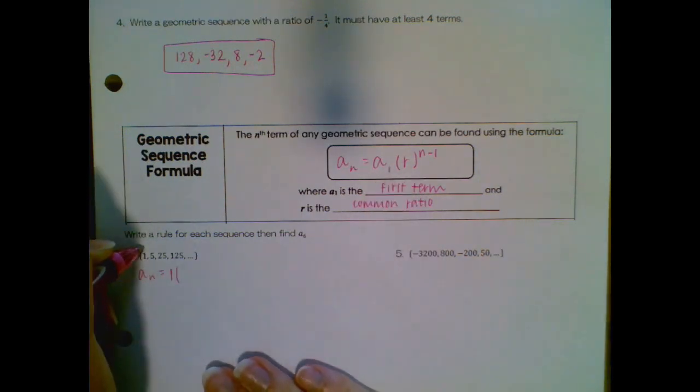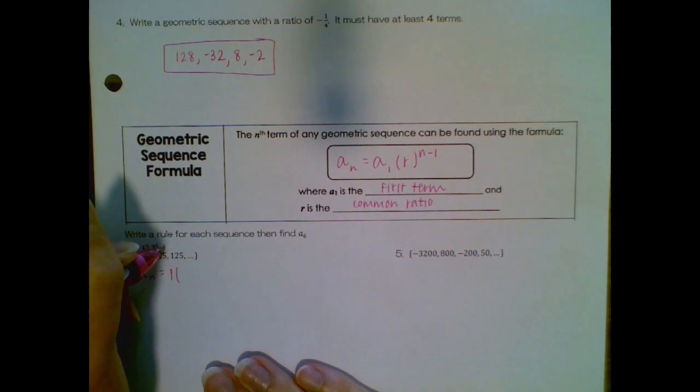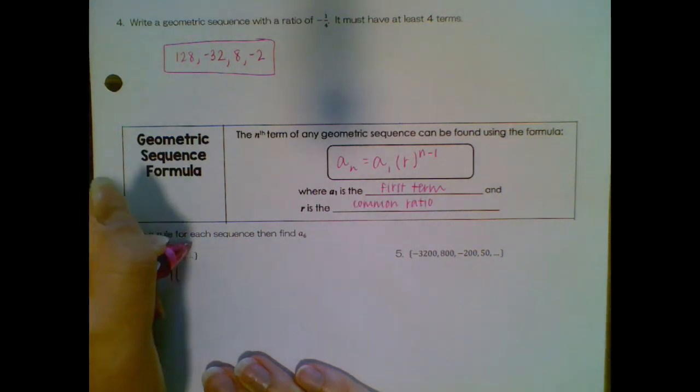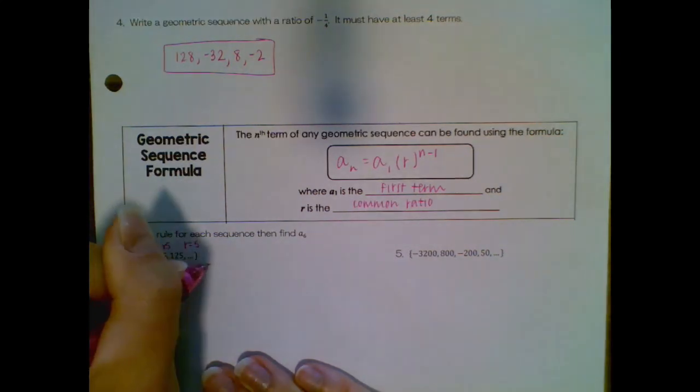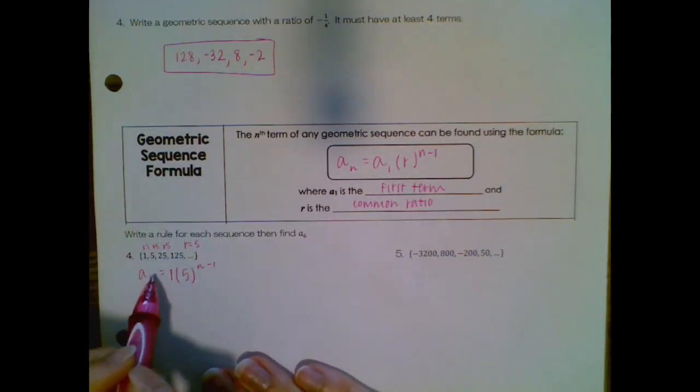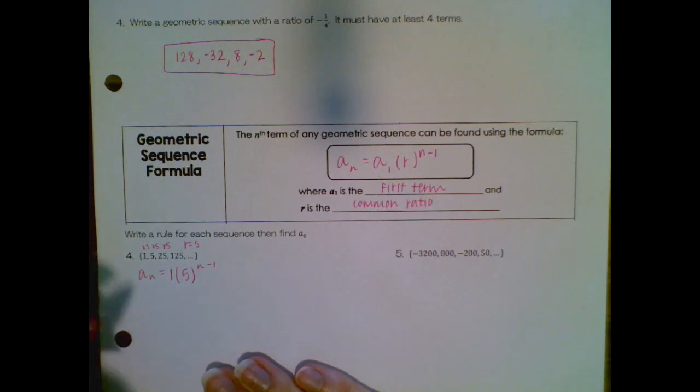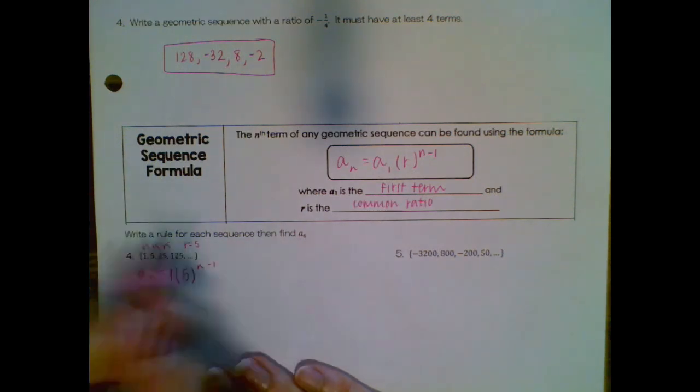Looks like these are all just being multiplied by 5. So r equals 5. So I'm going to plug in a 5 right there. And then it would be n minus 1. So when it says write a rule, that's what it's asking for. Okay? Now it says go find a sub 6.